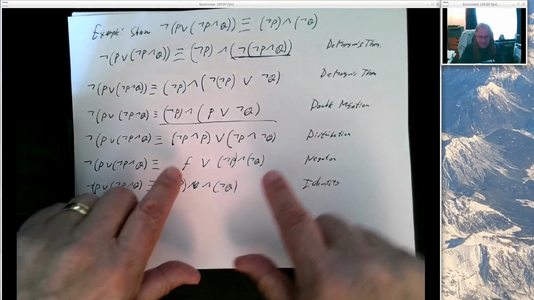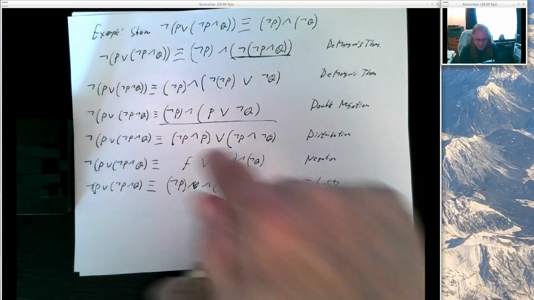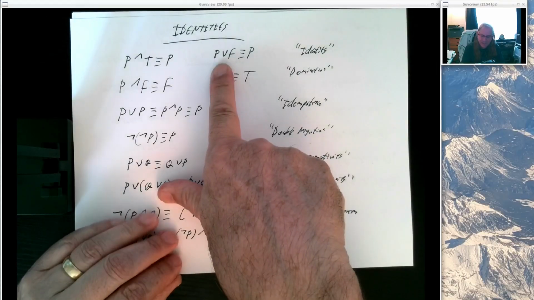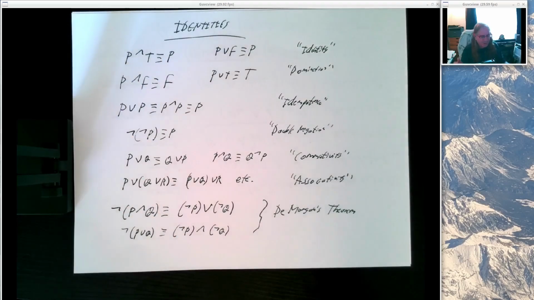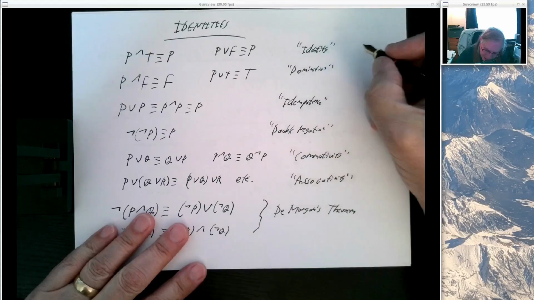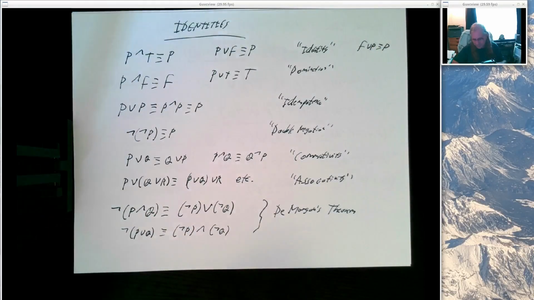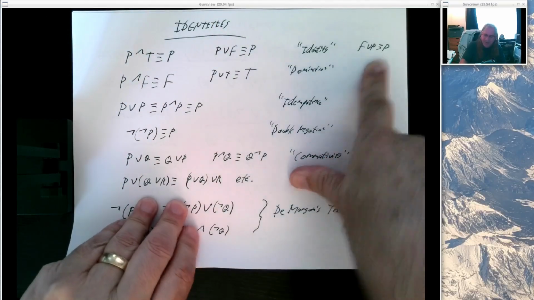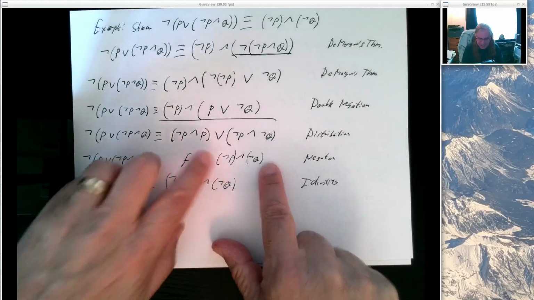I really should have added a step claiming that this was equivalent to this thing ORed with F. In other words, used commutativity to switch those around, and then my identity property, as I stated it, would have applied, because this applies to P or F. Or if I like, I could just simply add to my identity and say, hey, this is also the identity: F or P is logically equivalent to P. And if I'd written my identity statement in that form, then that would clearly apply to this. F or this thing is just equivalent to this thing.